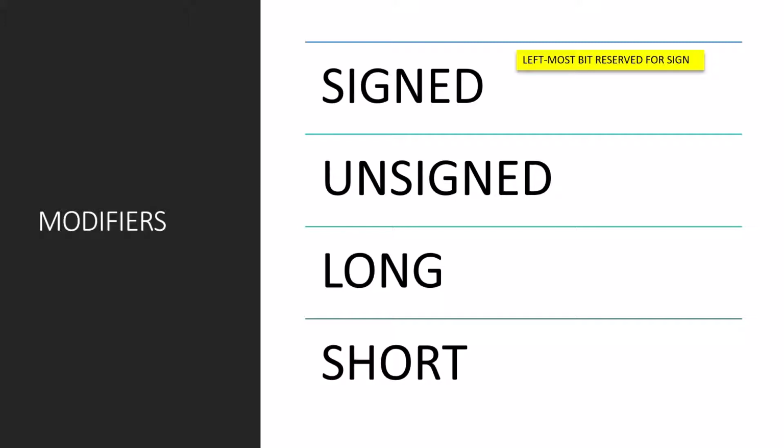And so a 0 in the leftmost bit would indicate a positive, and a 1 in the leftmost bit would indicate a negative. And this is especially applicable to integers, though of course we can have signed character types as well. Coming now to unsigned, there will be no such reservation, which means if there is a 1 in the leftmost bit, the value will be taken to compute the magnitude of the number.